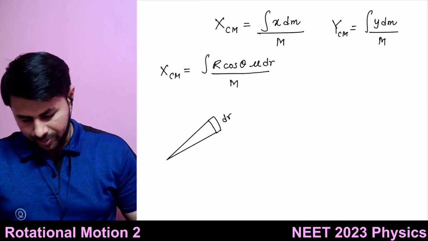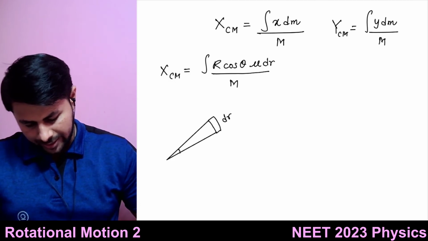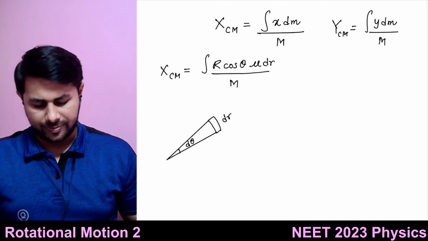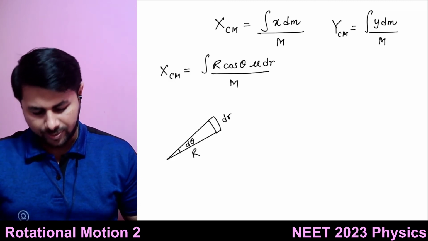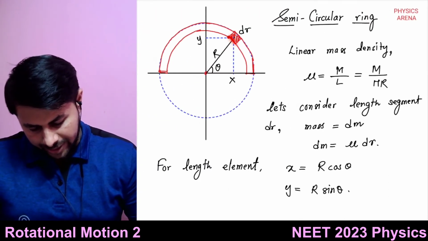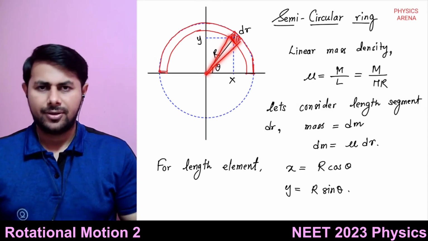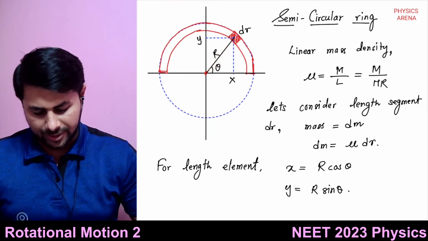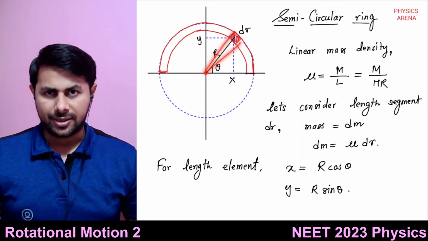Let's suppose this small angle is d theta, and this radius is of course r. The small angle subtended by this arc of length dr at the center is d theta.